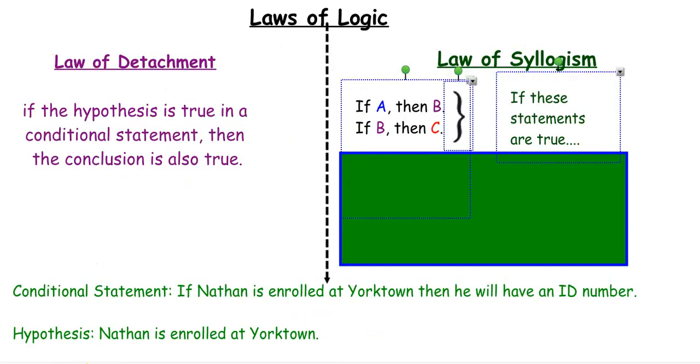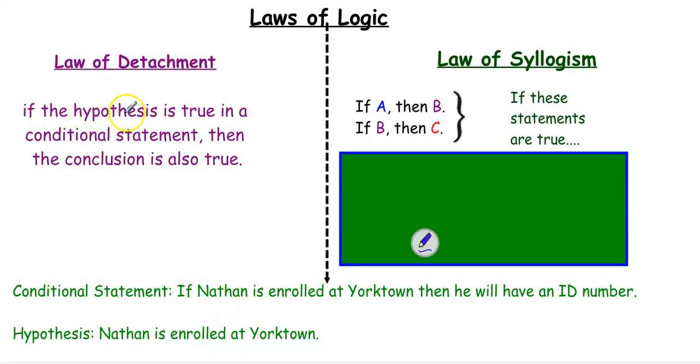If we look at the three different types of deductive reasoning we're going to learn, there's a lot more, but we're focusing on three. The first type is the law of detachment. The law of detachment says if the hypothesis is true in a conditional statement, then the conclusion is also true.